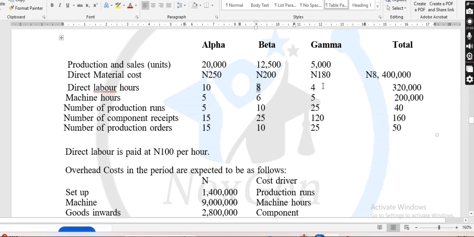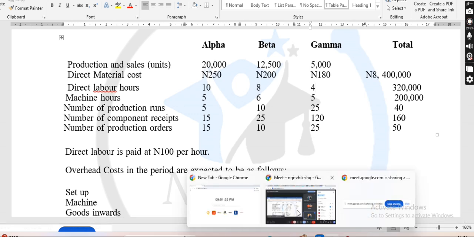Plus 4 hours per unit. You use 4 hours to produce 1 unit. You produce 5,000 units. So how many hours will you now use to produce 5,000 units? 4 times 5,000.